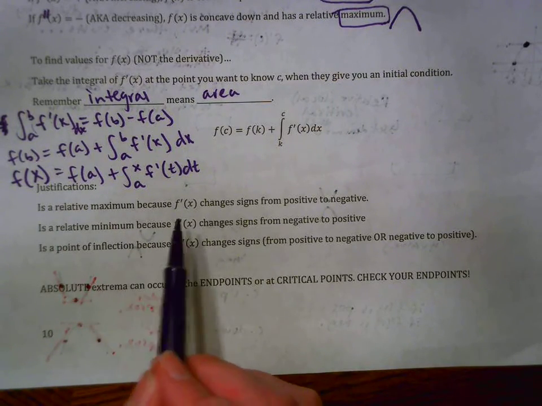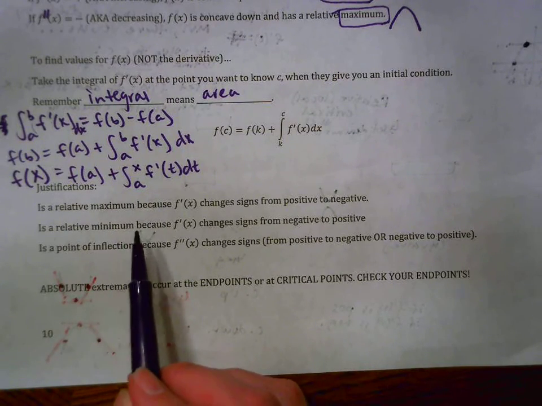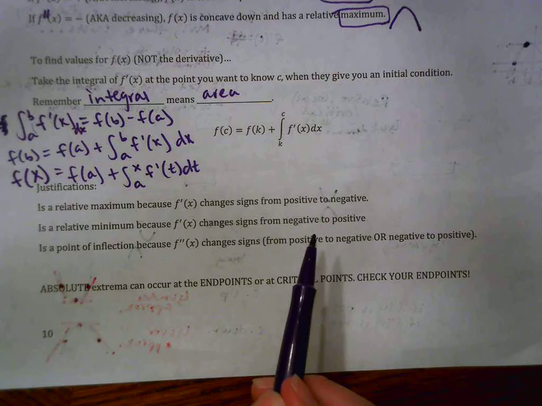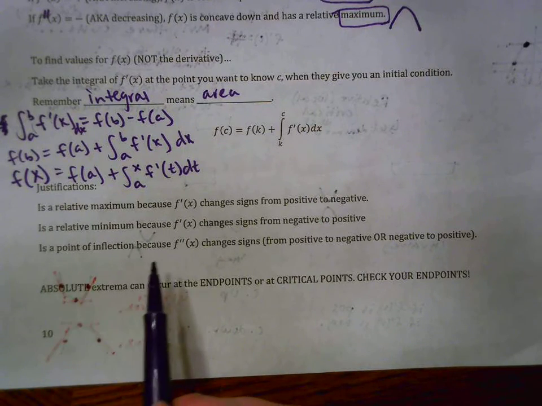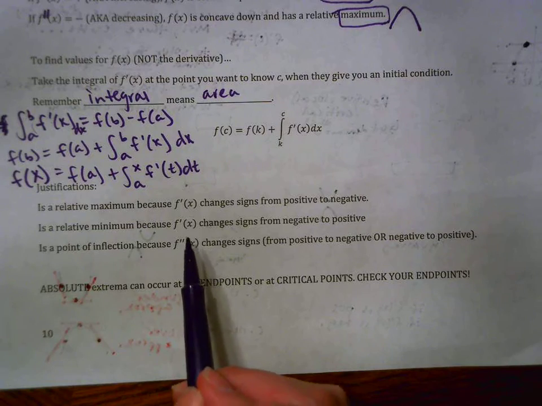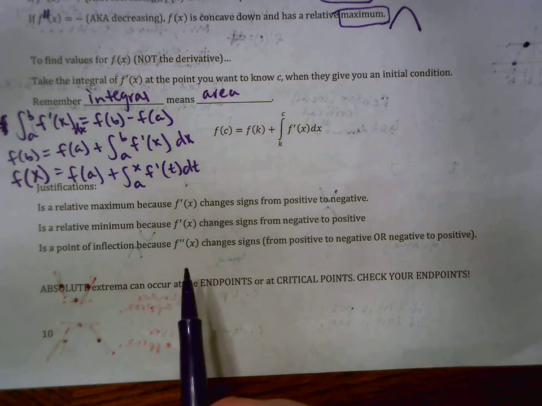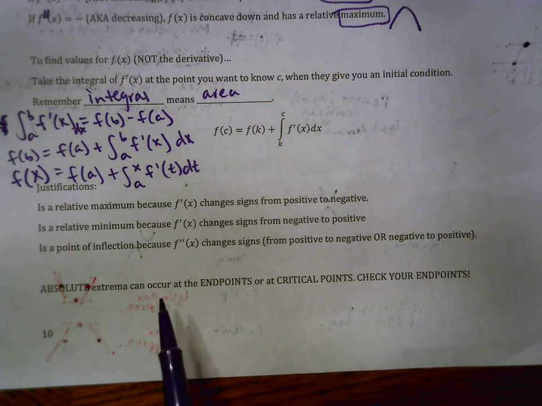Maximum needs to change from positive to negative, minimum because f prime changes from negative to positive. Point of inflection because f double prime changes signs. Just be very clear, say because, and what are you talking about, f prime, f double prime, and what does it do?